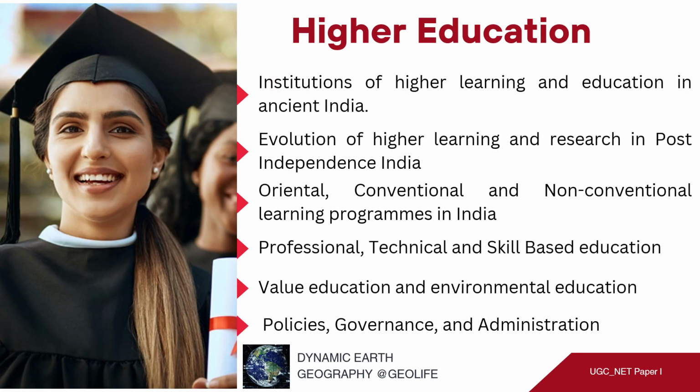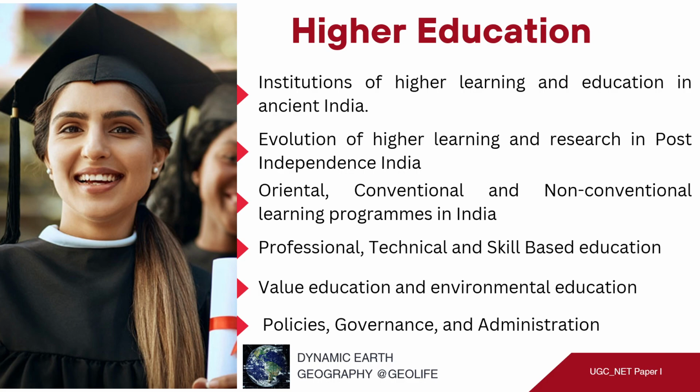And then higher education. In this unit, you need to know about institutions of higher learning and education in ancient India. And you need to know about contemporary Indian education, how Indian education has evolved through time. Inside this, evolution of higher learning and research in post-independence India, oriental, conventional and non-conventional learning programs in India, then professional, technical and skill-based education, value education and environmental education, then policies, governance and administration.